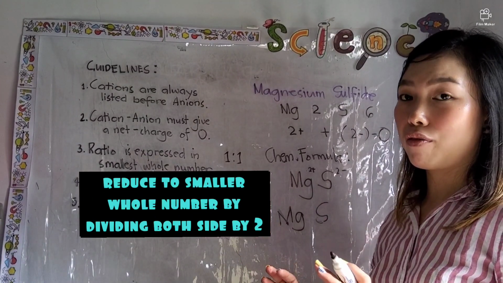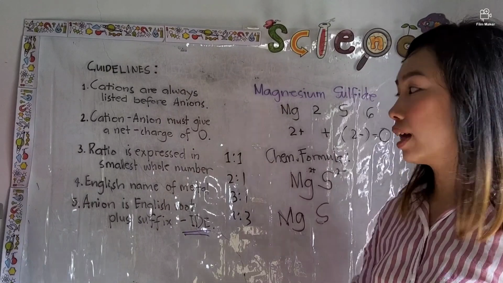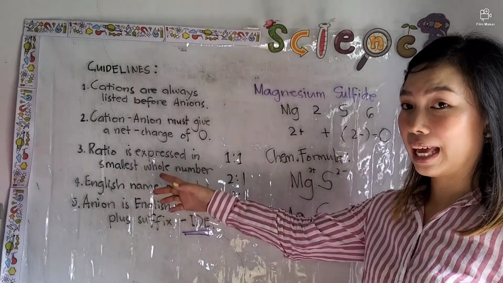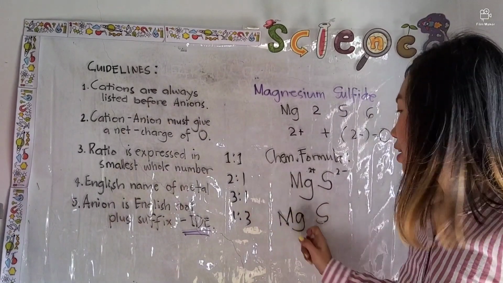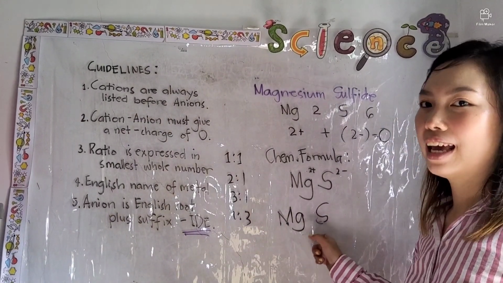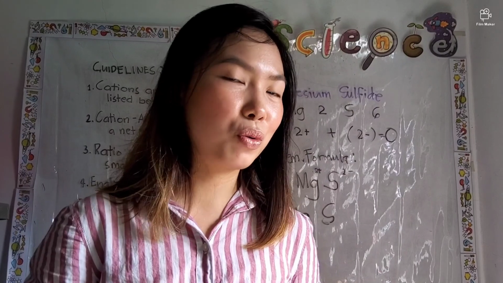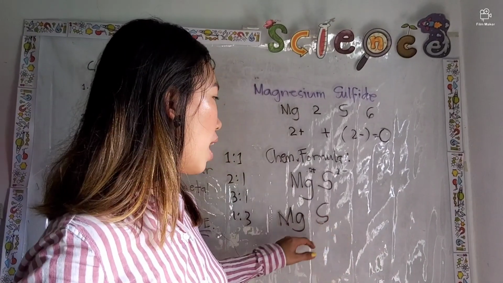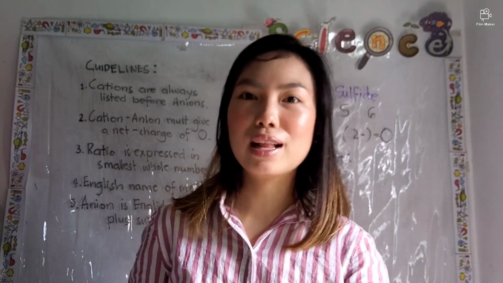Alam natin na nag-give off sila ng dalawa at nag-gain ng dalawa. Pero dahil kailangan in the smallest whole number, then the chemical formula will be as simple as the symbol MgS. Wala na yung charges of positive 2 and negative 2, just the number, whole number. Pero dahil naigawa natin sa smallest whole number, we have as simple as MgS as their chemical formula.